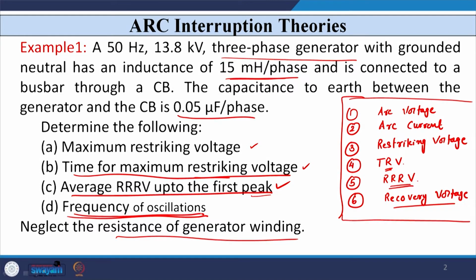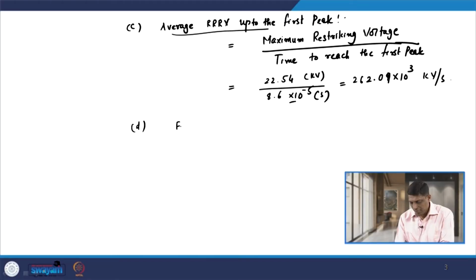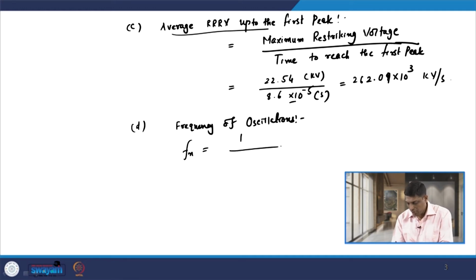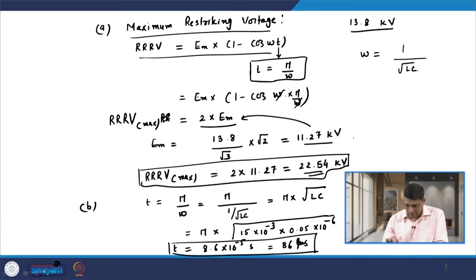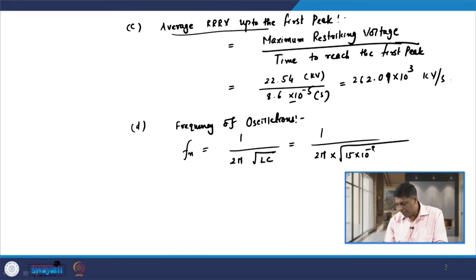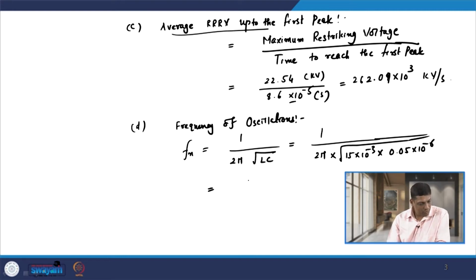The natural frequency of oscillations, as I have discussed, is given by the equation f n equal to 1 upon 2 pi under root L into C. If you put the value of L into C, with L as 15 into 10 raised to minus 3 Henry and C as 0.05 into 10 raised to minus 6, you will have the value 5.814 kilohertz.